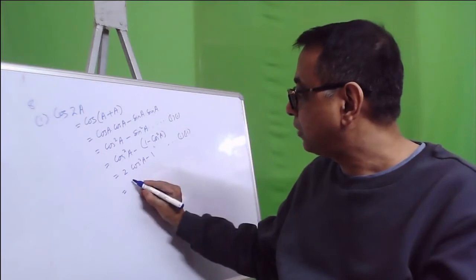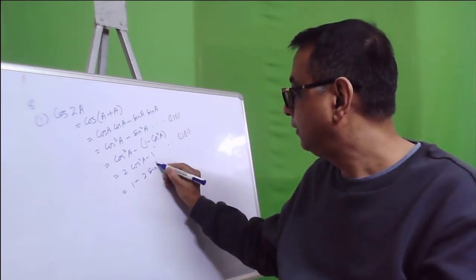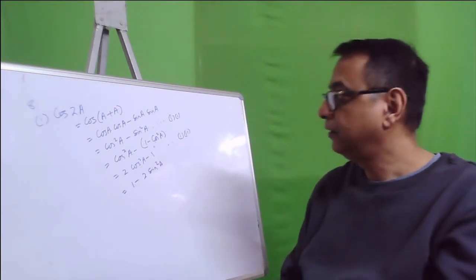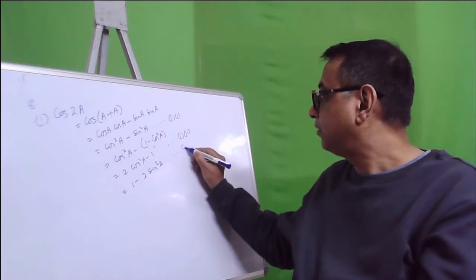We can also write it as 1 minus 2 sin square A. Let's say 1, 3.